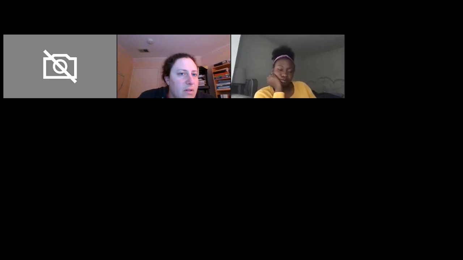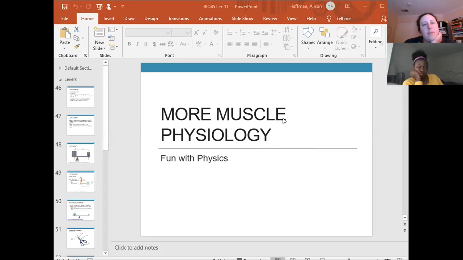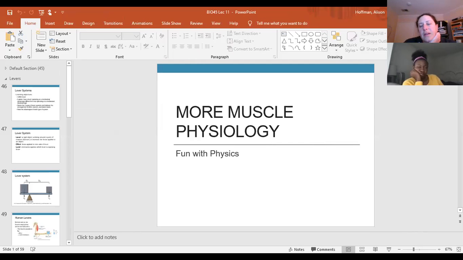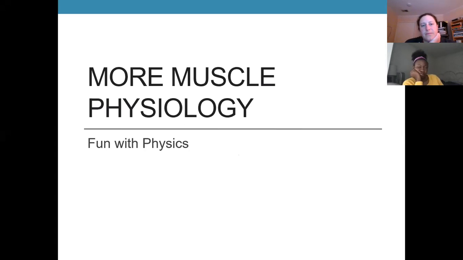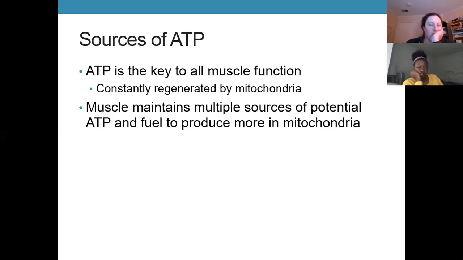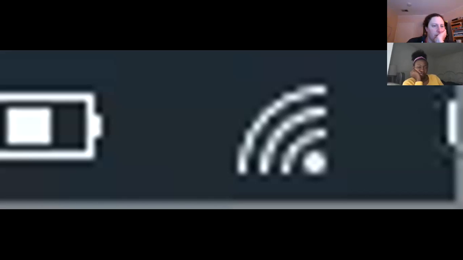So levers. The way that we have different lever classes is based on the relationship between the fulcrum, the effort, and the load.